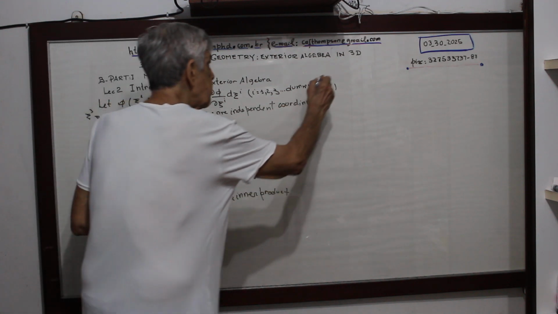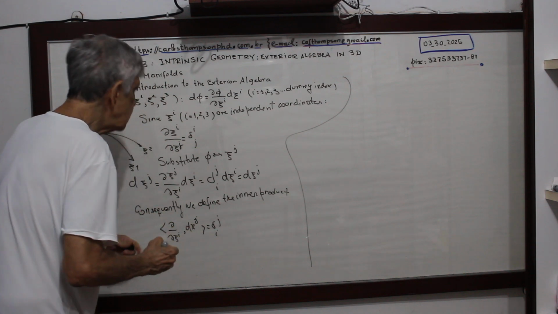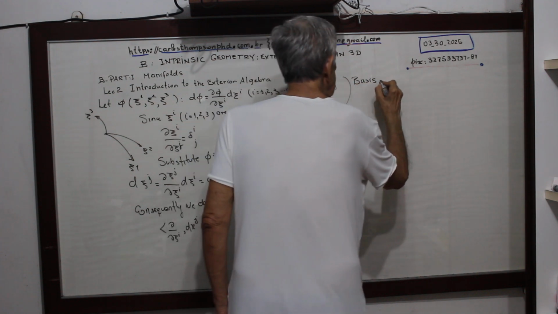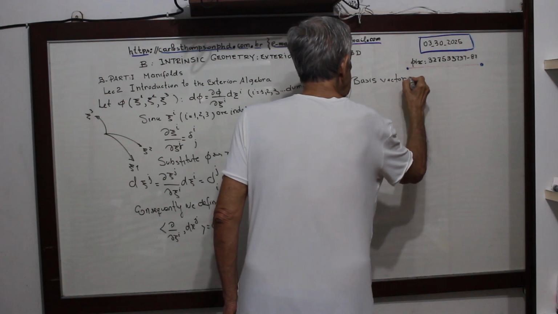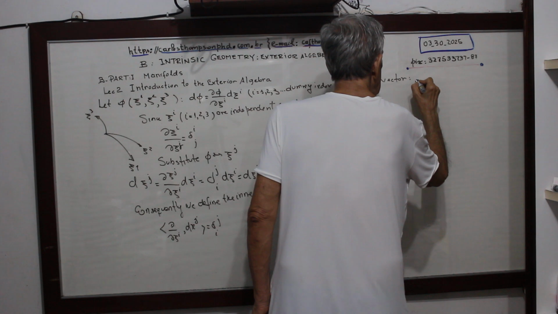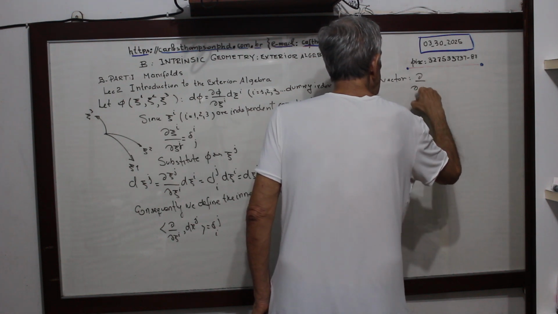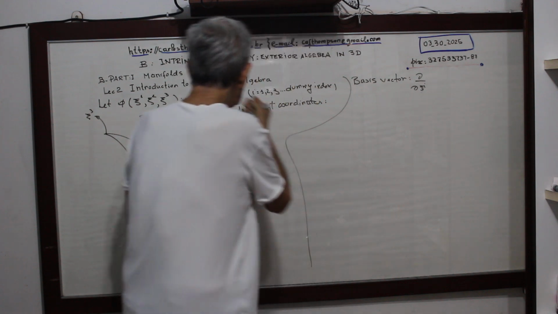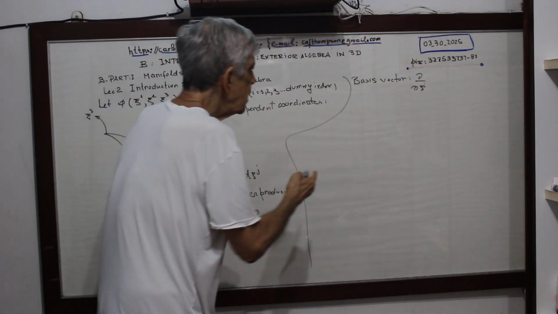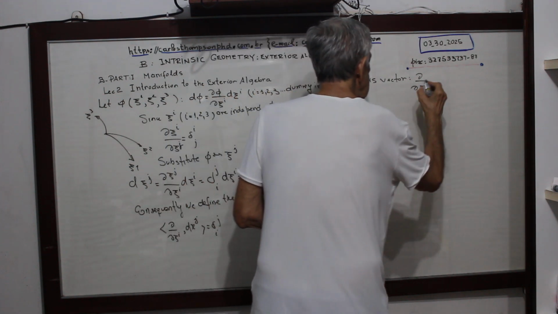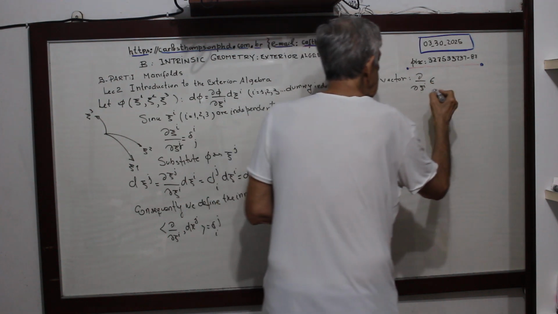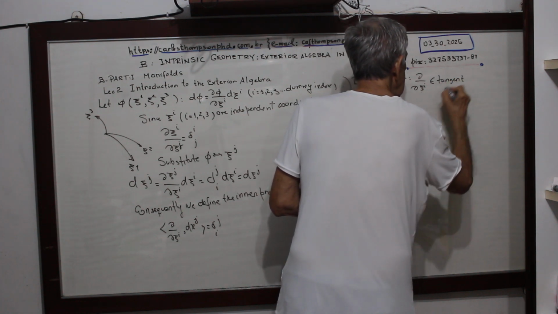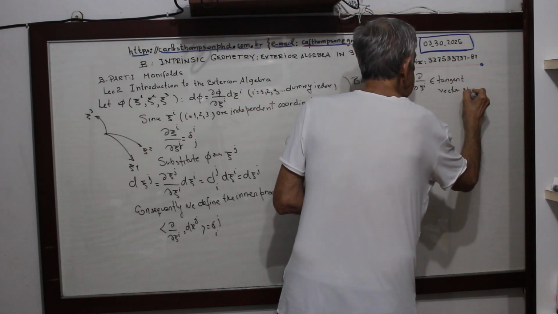Now, what's very, very important, you will see this later: the basis vector partial ci belongs, when you talk about manifolds, to the tangent vector space.